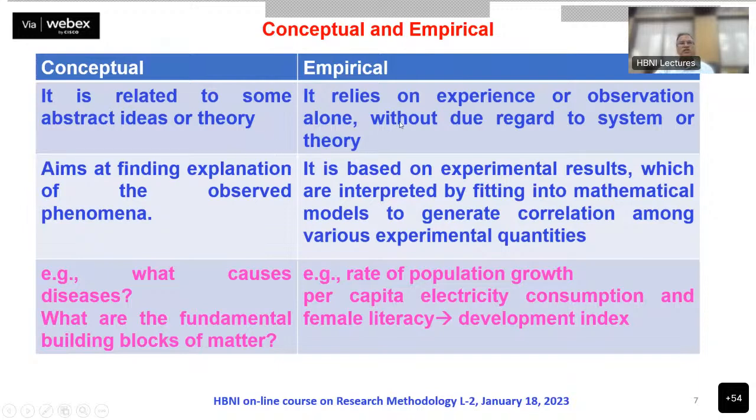So you derive some relationship based on some measurements, then find out some functional relationship between the two. That is empirical research. Conceptual research aims at finding explanation of the observed phenomena. So they are much deeper in understanding of the phenomena that are happening, whereas empirical is based on experimental research, which are interpreted by fitting into mathematical models to generate correlation among the various experimental quantities.